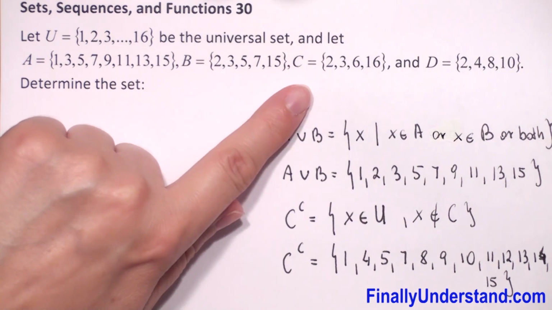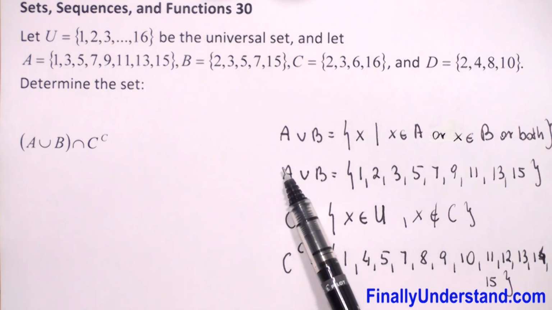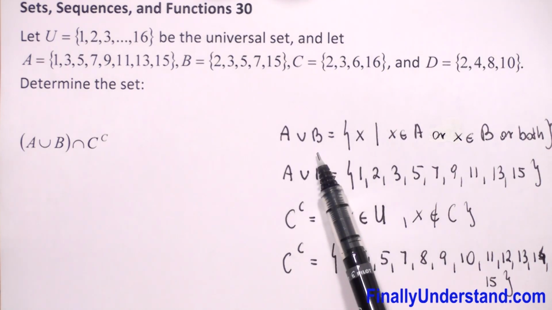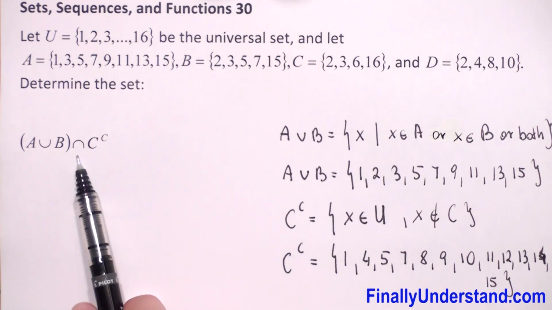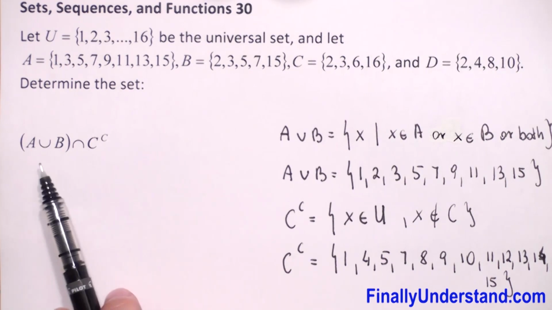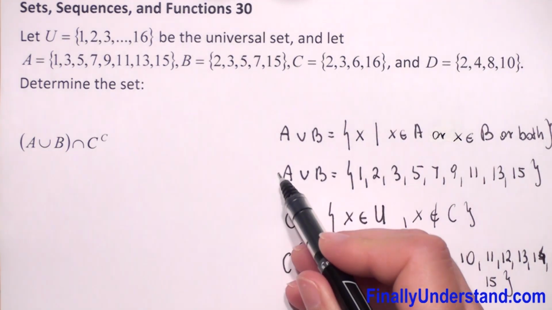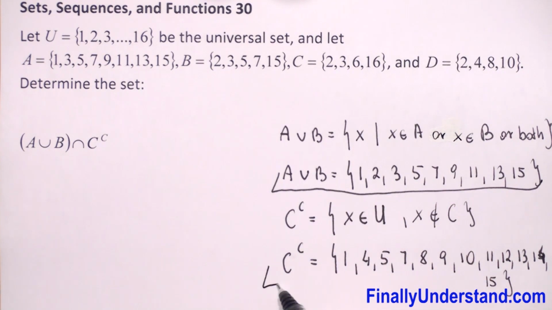So now when we have a union of set A and set B and we have complement of set C, we have to find the intersection of these two sets. This is our first set and this is our second set.